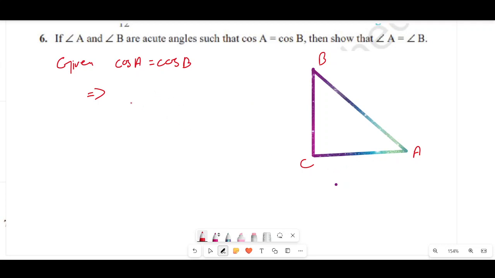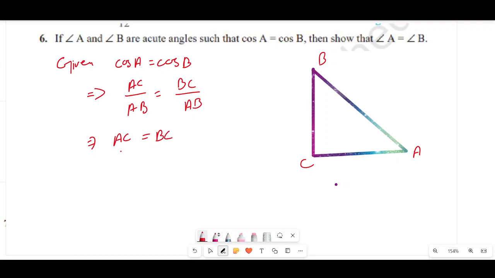So the base will be AC and the hypotenuse will be AB. Now, if you talk about cos B, then the base will be BC and the hypotenuse will be AB. Now, we can eliminate AB, then we will get AC equal to BC.